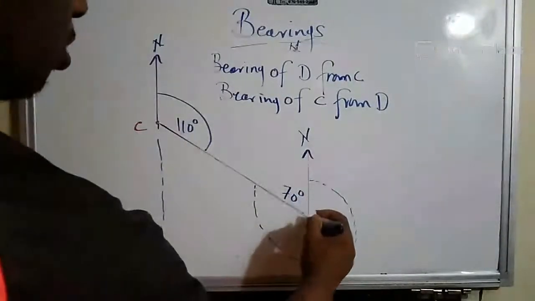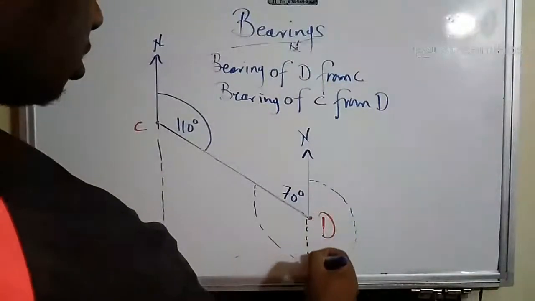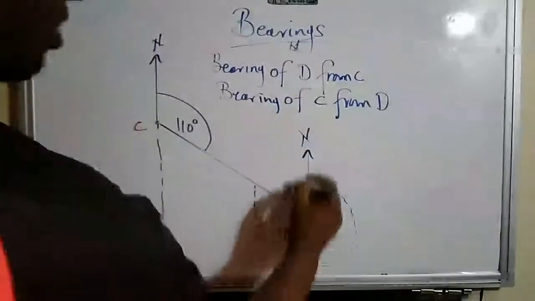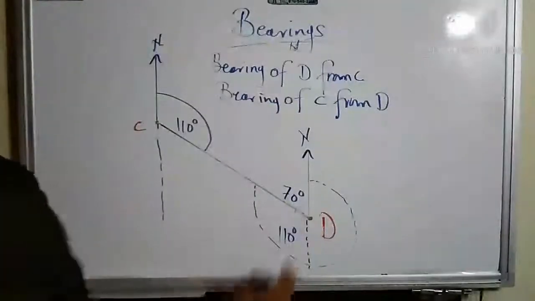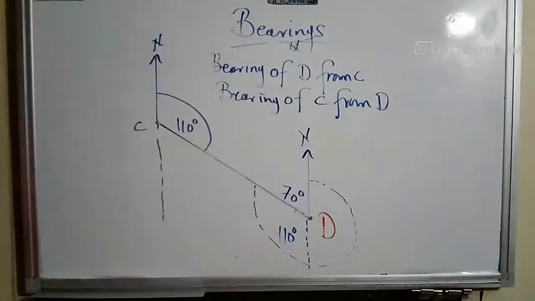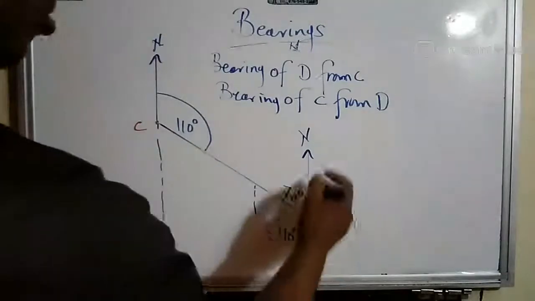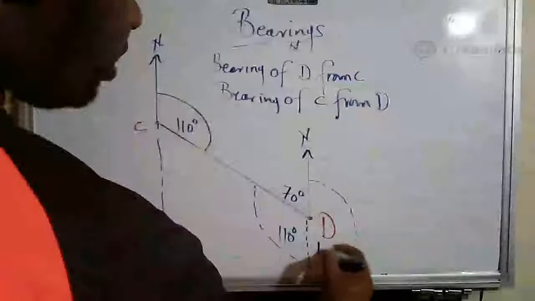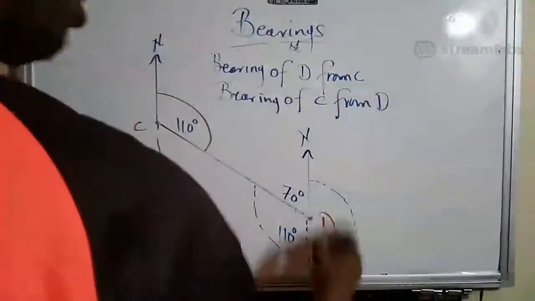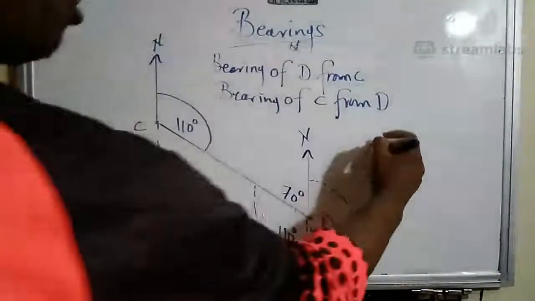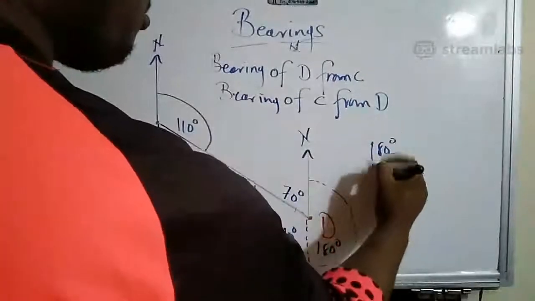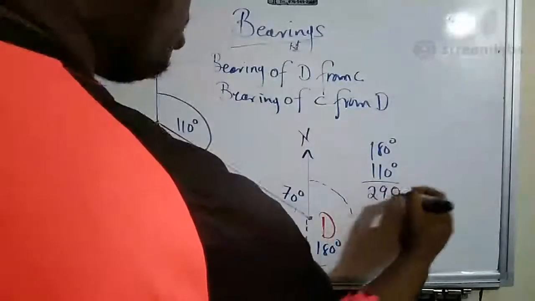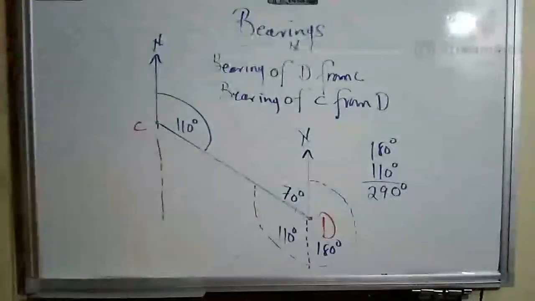And then this would be 110 because angles on a straight line add up to 180 degrees. So this is a straight line, so it would be 110, and all around this would be 180 degrees. So it's all the way around, so it would be 180 degrees plus 110 degrees. So it would be 290 degrees.